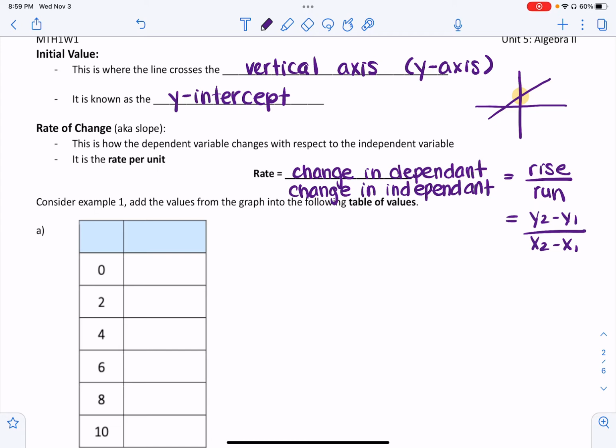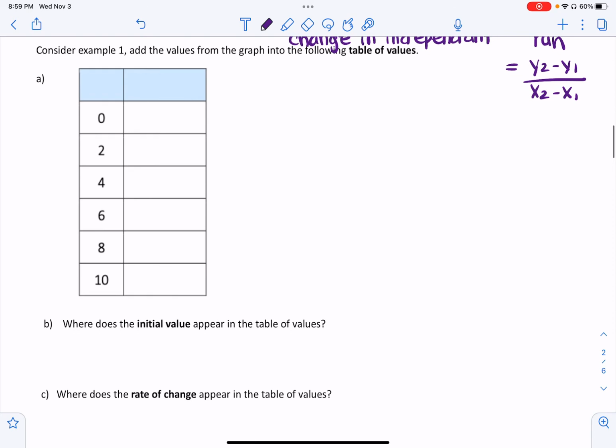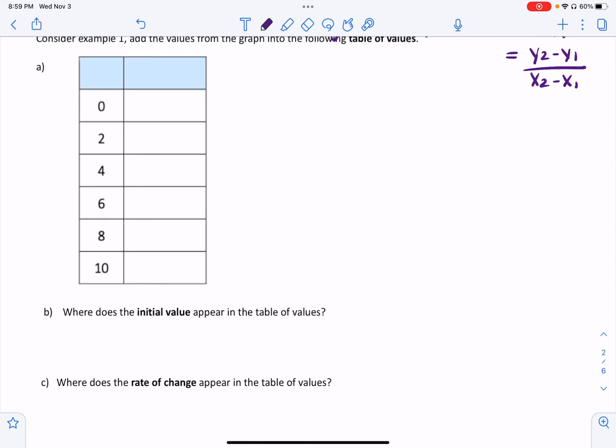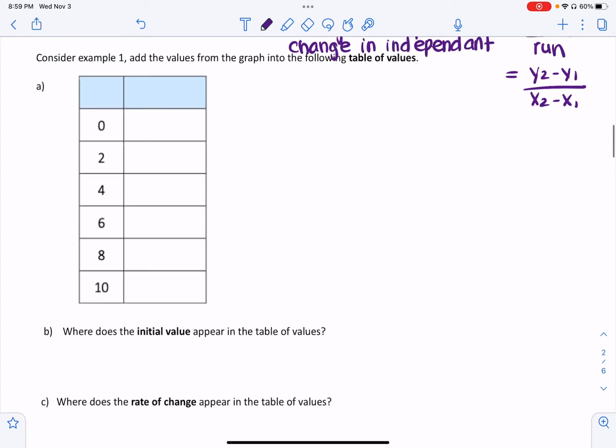So we're going to keep thinking about this rental car example. And now we want to look at what's called a table of values. So instead of displaying this information on a graph, I want to display it in a table. We're going to compare the number of days the car is rented with our cost.